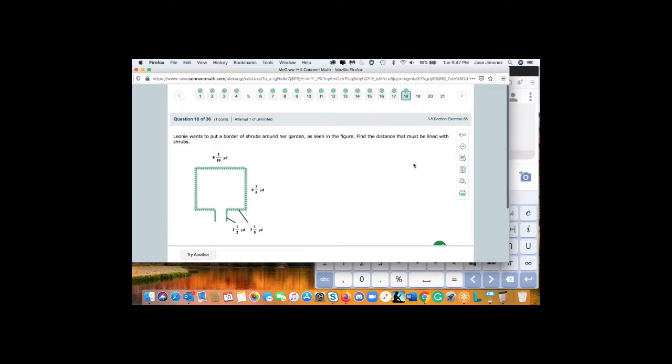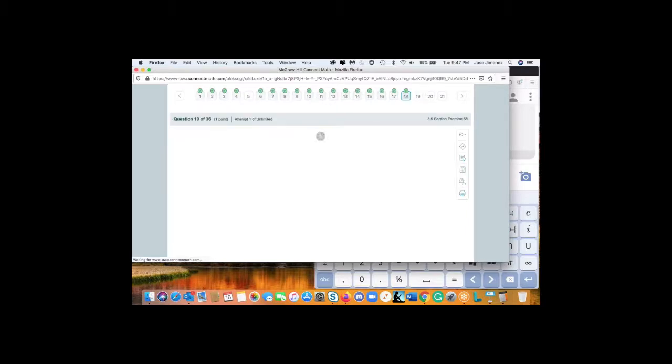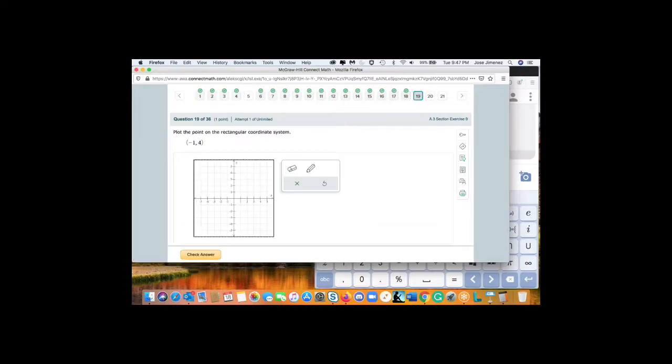You see, that's one of the big questions we have sometimes. Number 19. That's very simple. I click the pencil, and then I move. The first number is x, which is -1. It's right here, and the second number I start from the center.